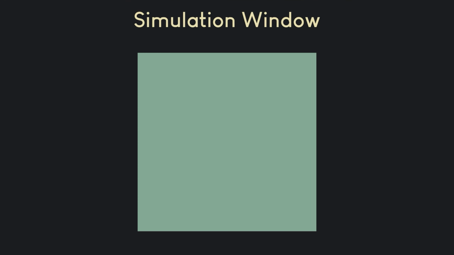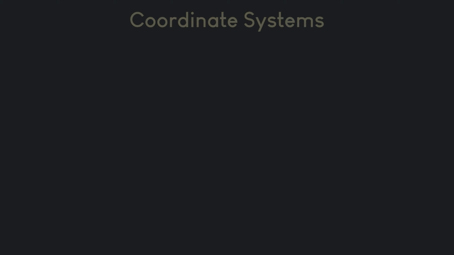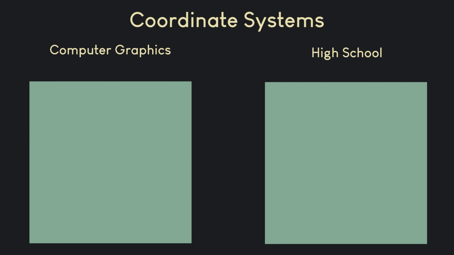In simpler terms, we just created the simulation window, and to draw on it, we use a coordinate system similar to the one taught in high school. Each point on this window has its unique x and y values. The coordinate system used in computer graphics differs from the standard Cartesian coordinate system taught in high school. In computer graphics, the origin of the display is located at the top left corner, with 0, 0 being at the top left.